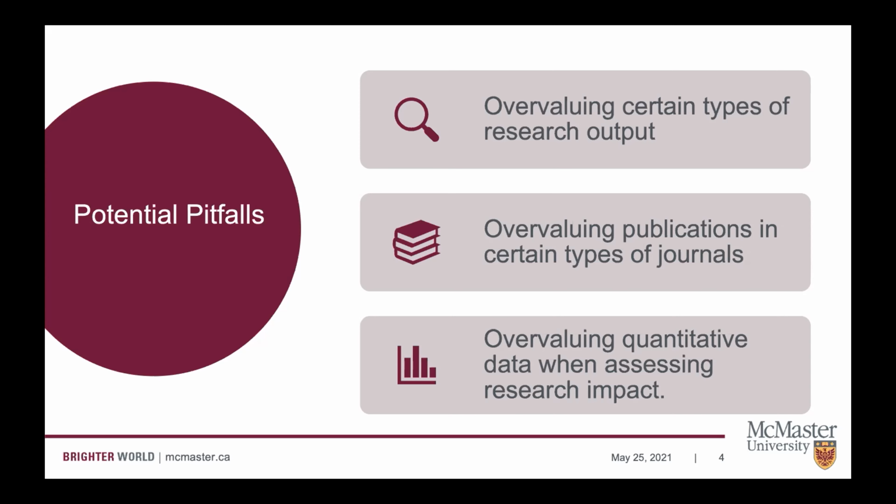To give you an example, something like medical research that's published in a journal like JAMA or New England Journal of Medicine, where the publication comes out weekly, and you compare that to something like the Journal of Advanced Nursing, which comes out monthly, or other titles that come out quarterly, what you're going to see over time is that you'll end up overvaluing certain disciplines like medicine as compared to nursing, even though that wasn't your intention.